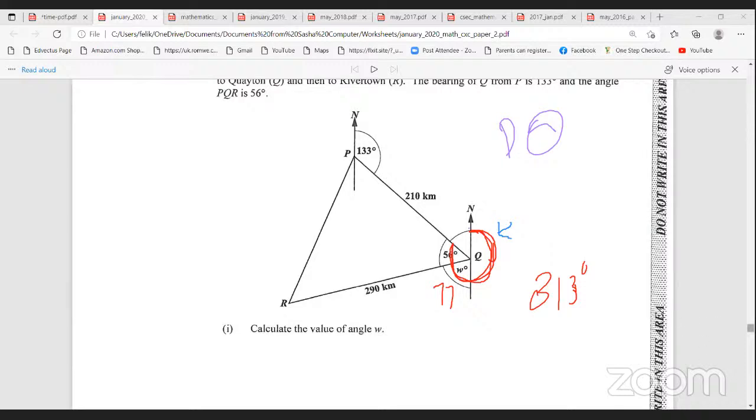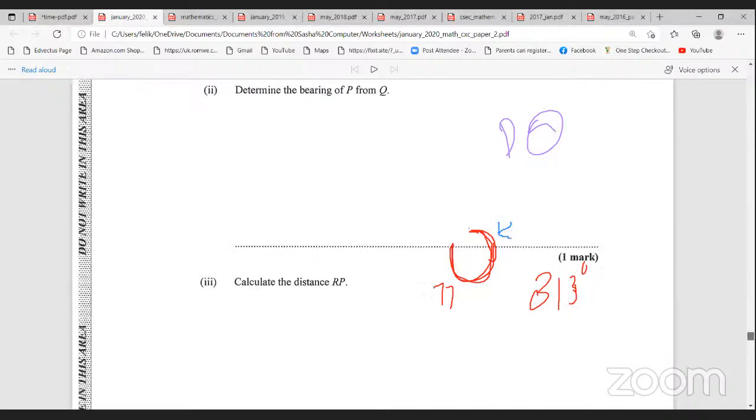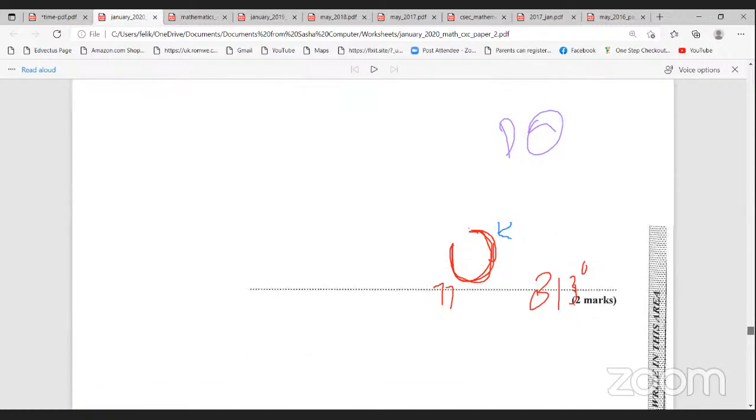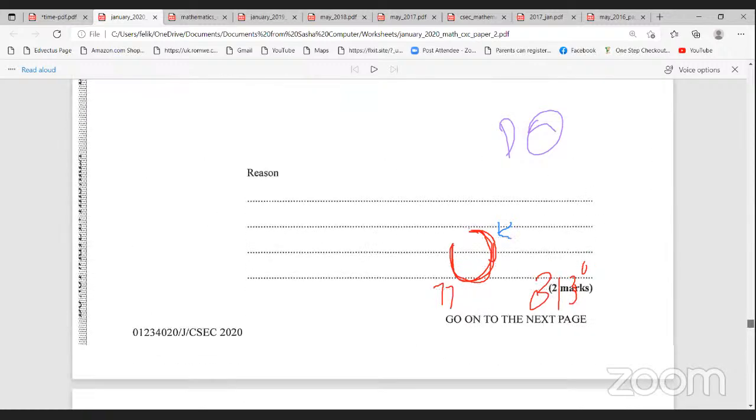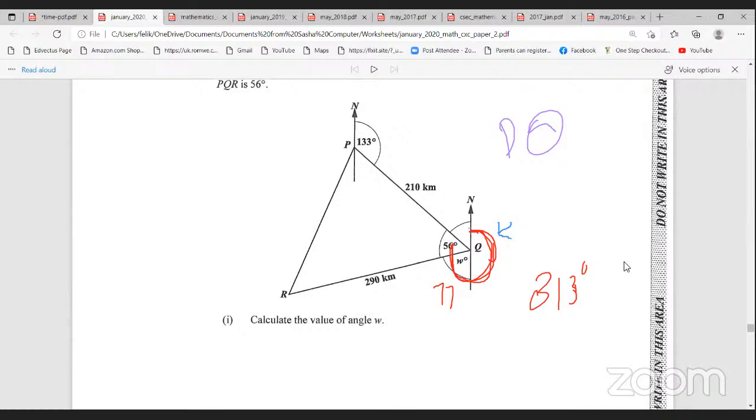All right, so scrolling down. The next one is calculate the distance RP. Everyone okay with this here?